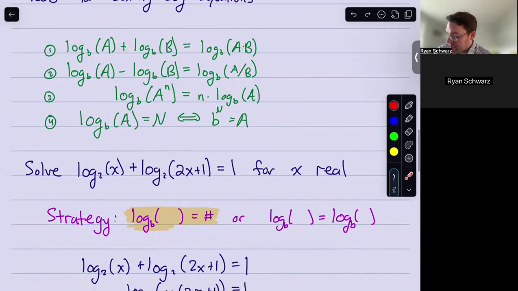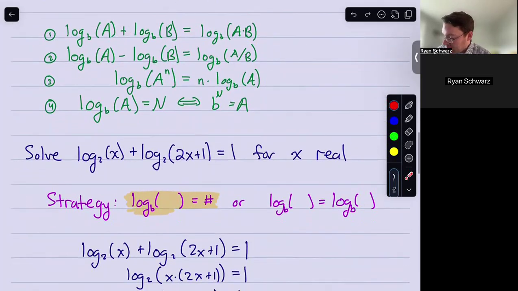So what I can do is start off by saying, okay, let's make this one logarithm, but now I have to do inside the logarithm x times the quantity of 2x plus 1. Okay, great. So the first was an application of the first property, or rather tool 1 above.